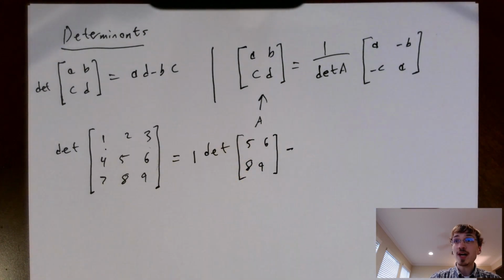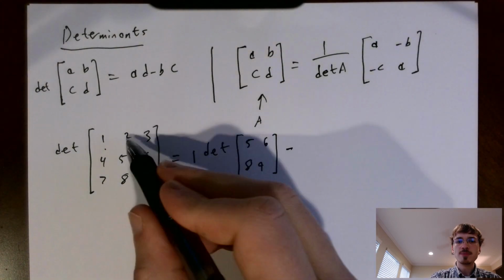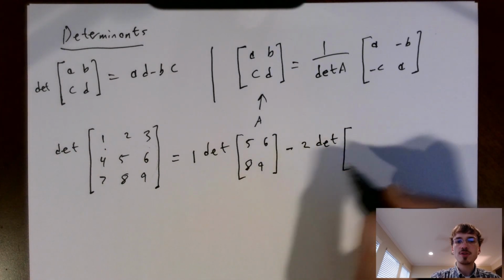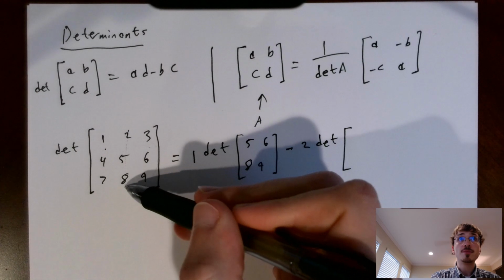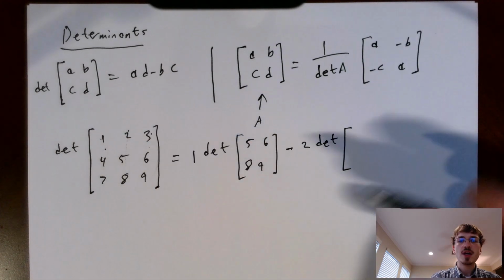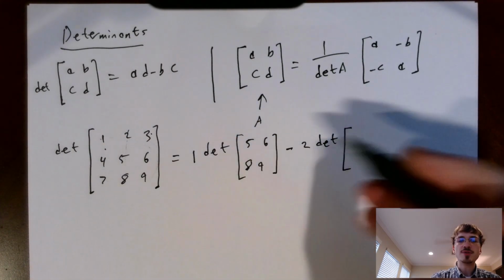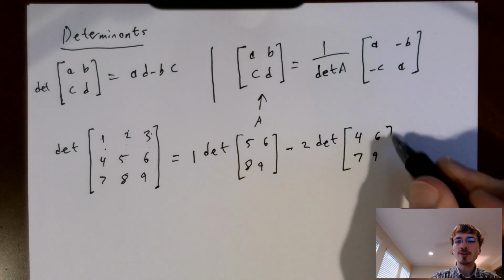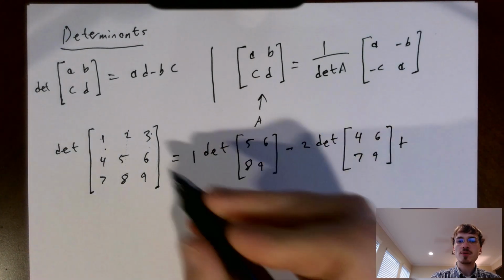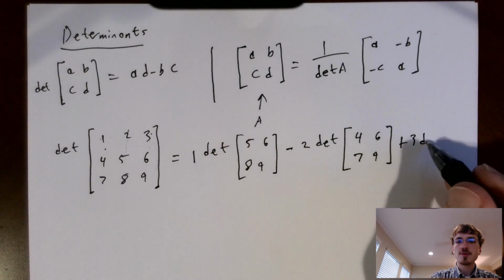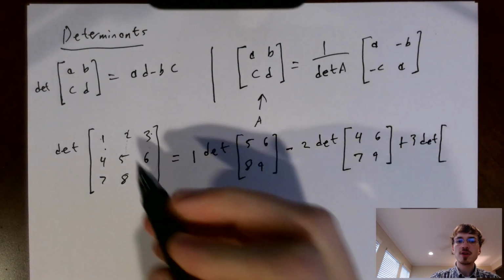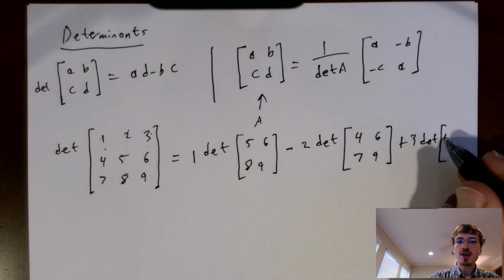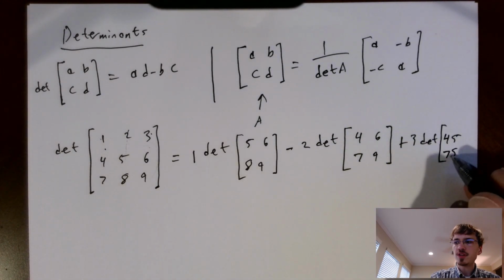And now we subtract: minus 2 times the determinant of the matrix that is left over, 4, 6, 7, 9. These matrices are called minors. Plus 3 times the determinant of, cross off the column, cross off the row, 4, 5, 7, 8.